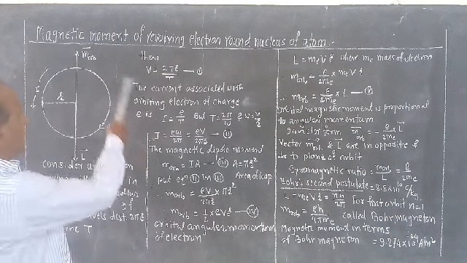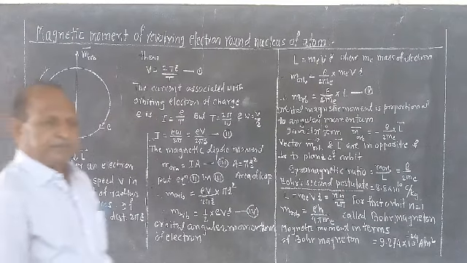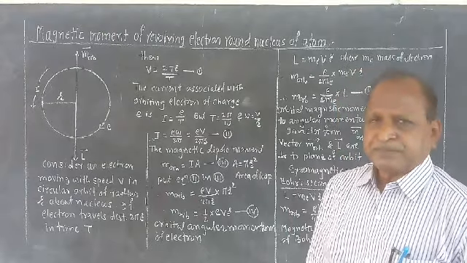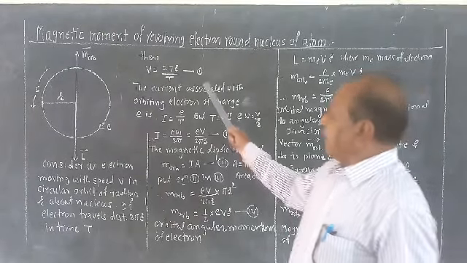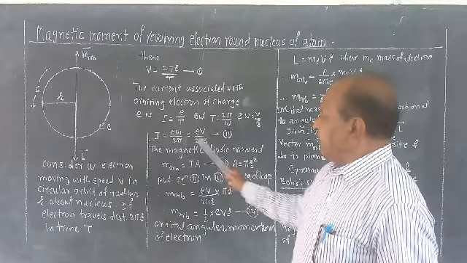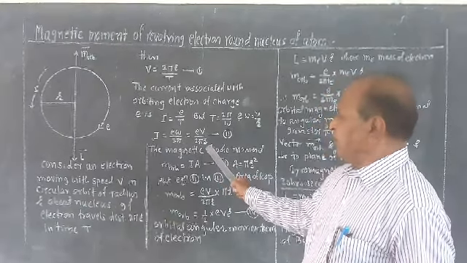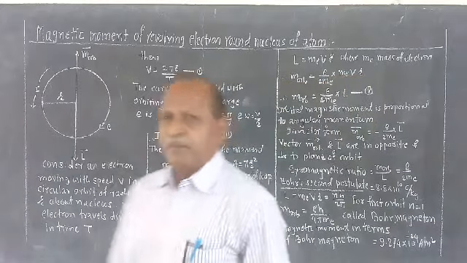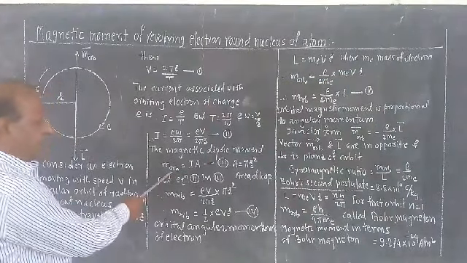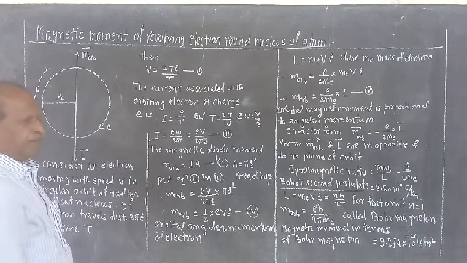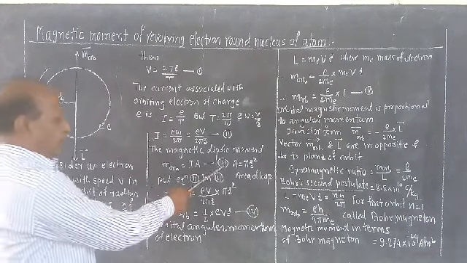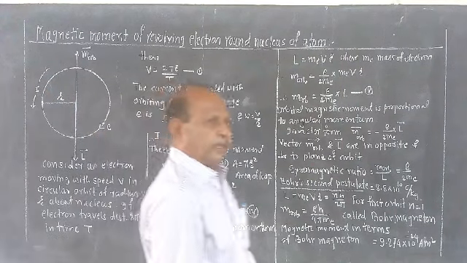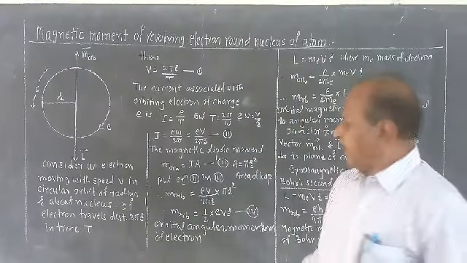Now here we have taken one circle, that is N equal to 1, and current is given by equation number 2. Therefore orbital dipole moment M orbital is equal to I A. But area of loop is equal to pi r square.